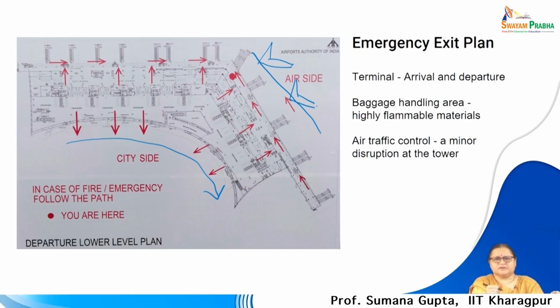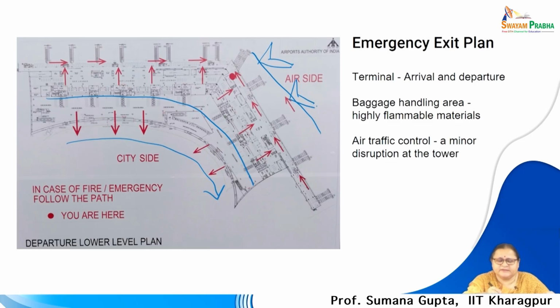and passengers when they are dropped off on this side cannot go directly to the air side. That is the principle of an airport. After proper checking in this zone, they enter into this zone, which is the city side zone, and once they get into the air side zone, they cannot come out to the city side zone.